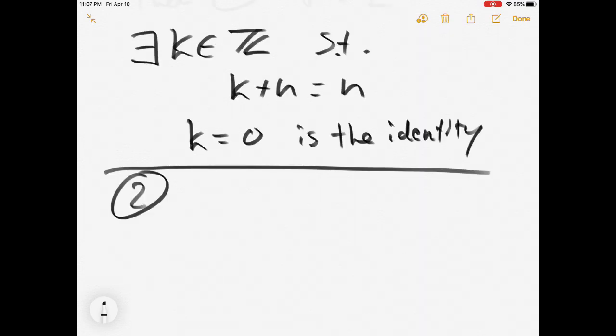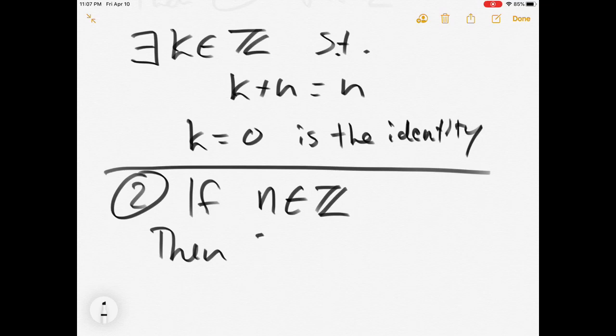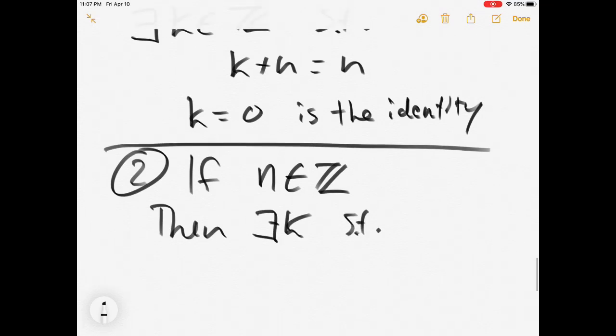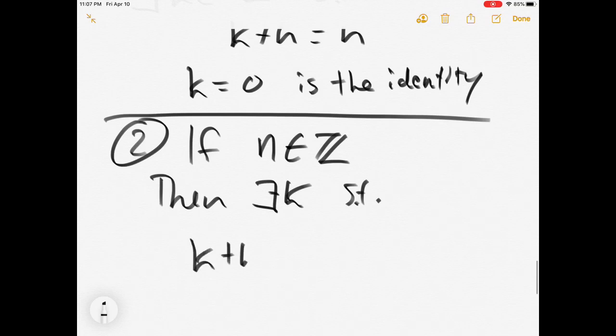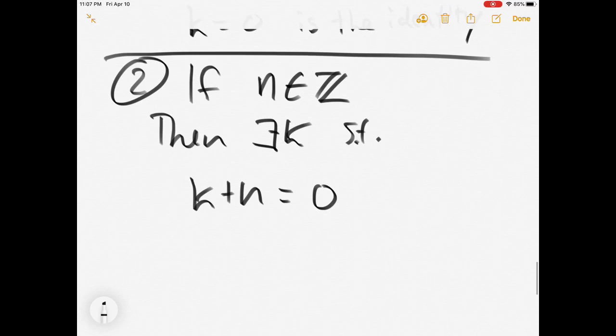For property 2, if I have an integer n, then there exists an integer k such that k plus n is equal to the identity element 0. And this k is negative n. So condition 2 is satisfied.